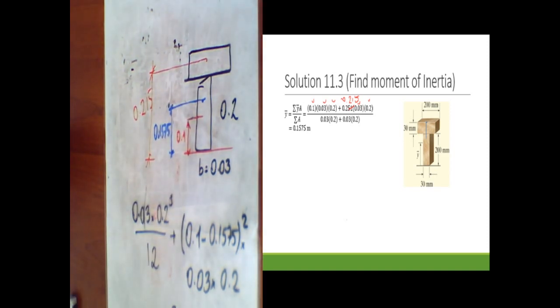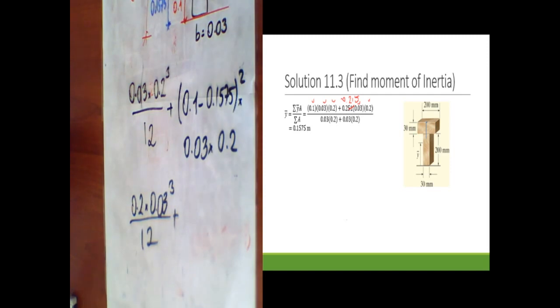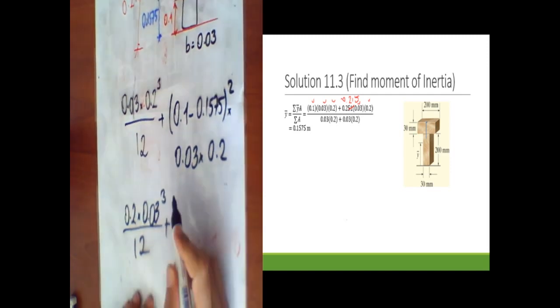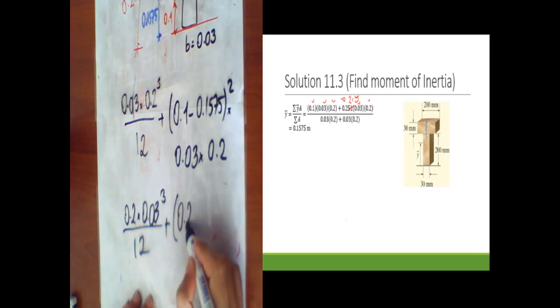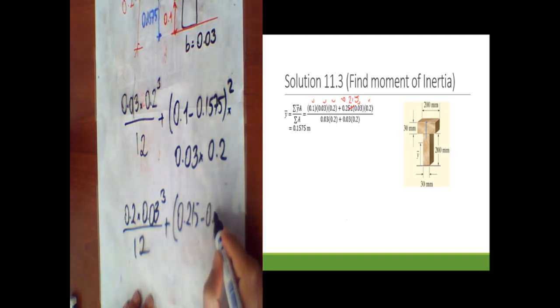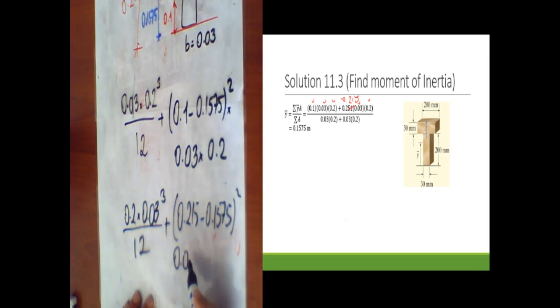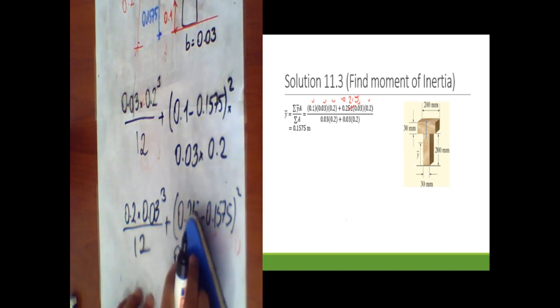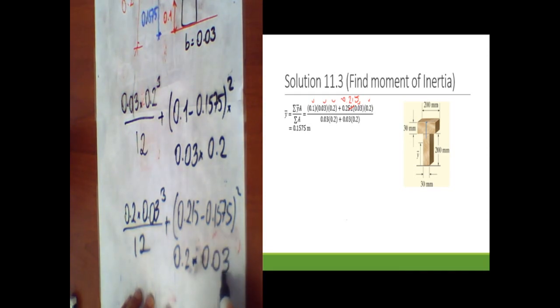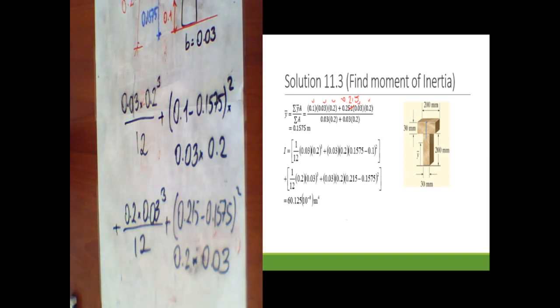Therefore I write here 0.215 minus 0.1575, squared, times the area 0.03 times 0.2, for consistency. After that I add these two terms and obtain this value in meters.